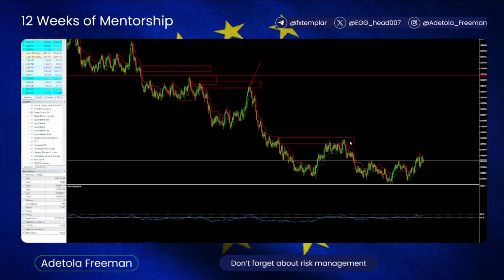Now, generally what happens is that if I have a supply zone that price enters into and price breaks that supply zone, because I've had questions like that, it simply means that the trend is most likely going to change.